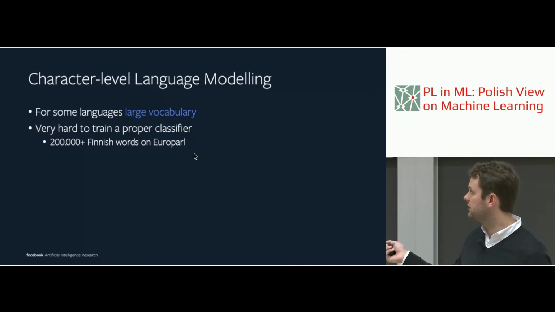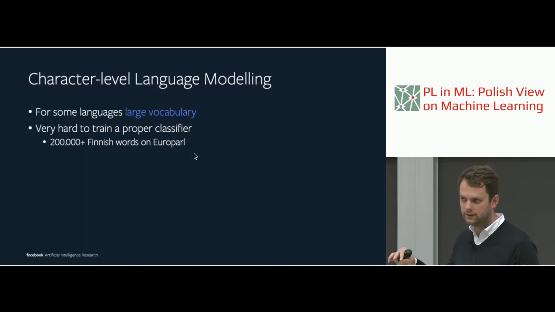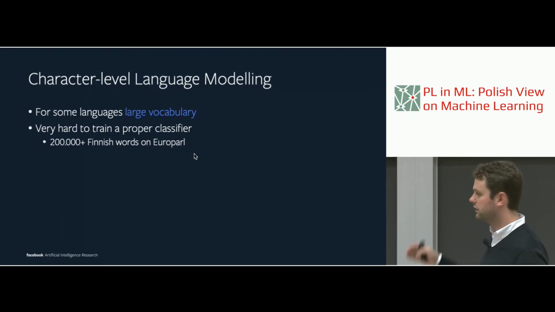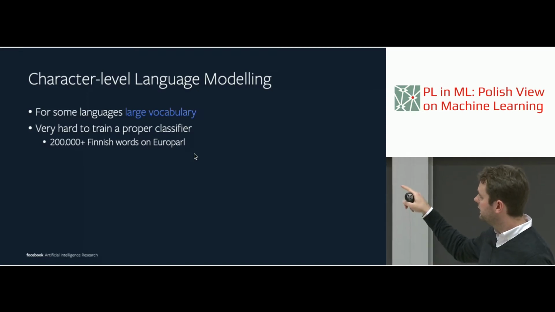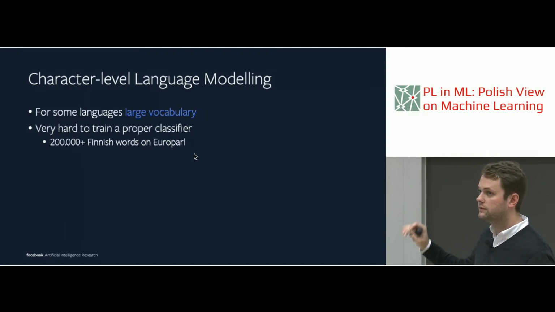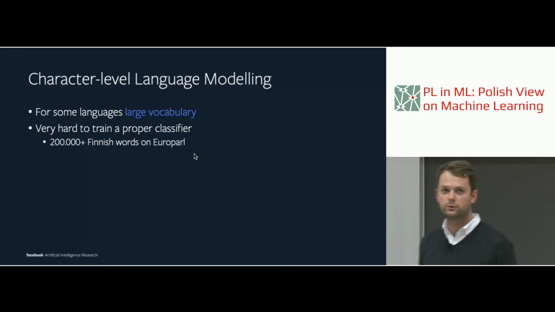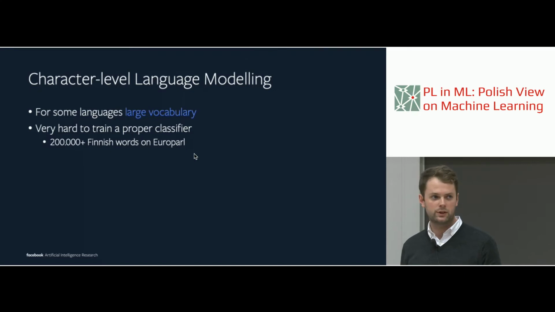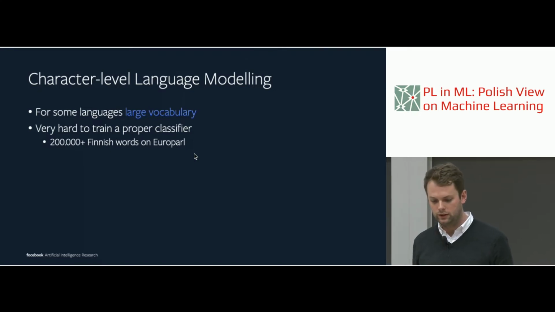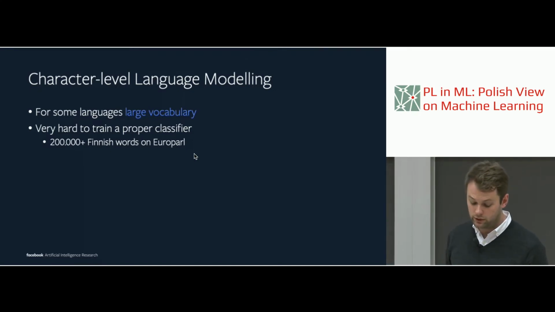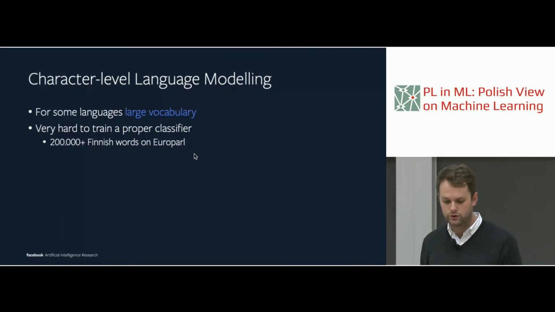If you take a small subset of EuroParl, very quickly, so EuroParl is a machine translation dataset in which you have the proceedings of the European Parliament, so you have aligned data for many languages. If you take a subset of it in Finnish, very quickly you're going to have a vocabulary which is more than 200,000 different words, because Finnish is an agglutinative language with high morphology.